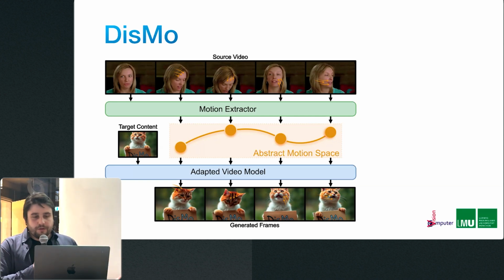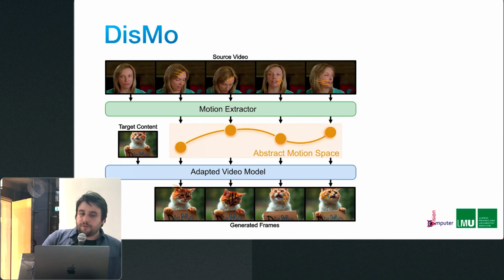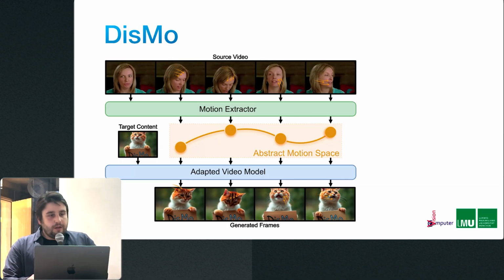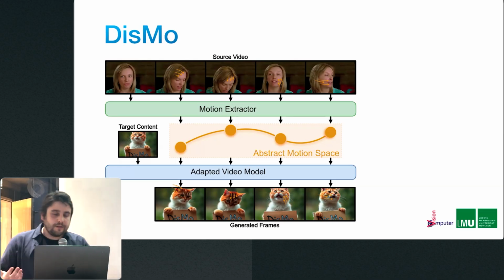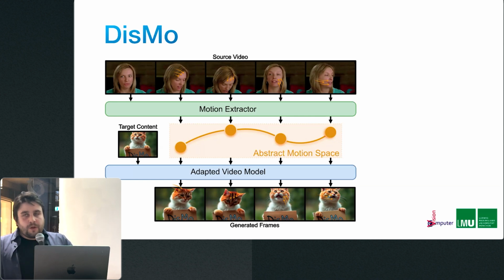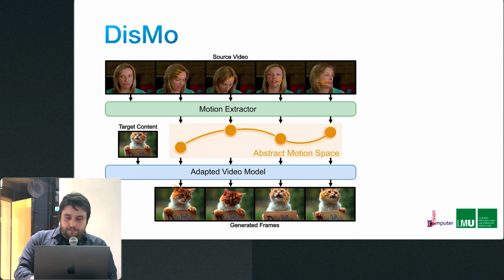So we fine-tune an existing video model, give it the target content where we want to attach the motion to, alongside a stream of motion embeddings, in order to transfer the motion onto the new target. And with this, we are disentangled from the appearance and structure and the pose and even the object category, as you can see in this case, where other baseline models struggle.